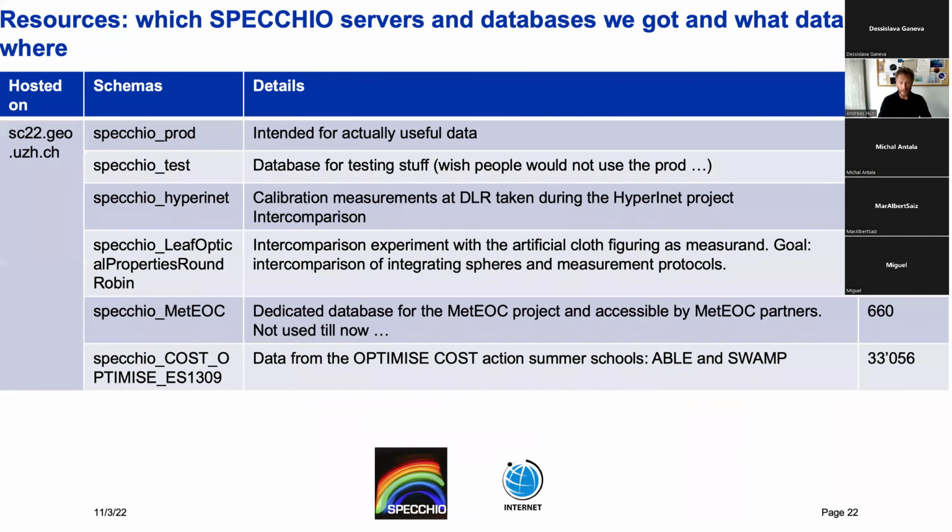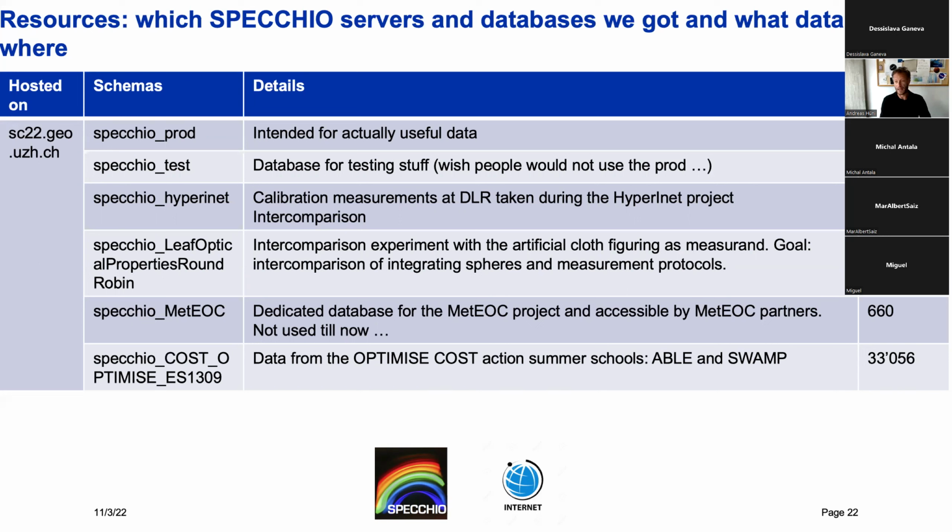This is the list of servers and databases we've got currently online. By online, I mean accessible by the public. This one is hosted on our servers here at Uni Zurich. The productive system has got these 175,000 spectra. There's also a test system for obvious reasons.